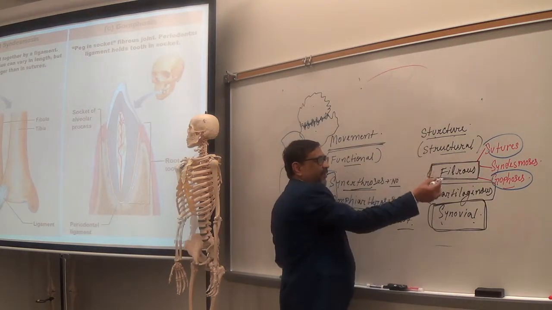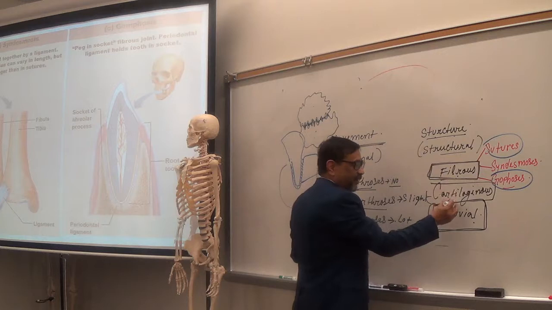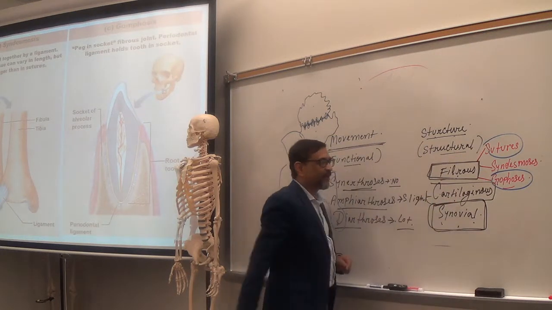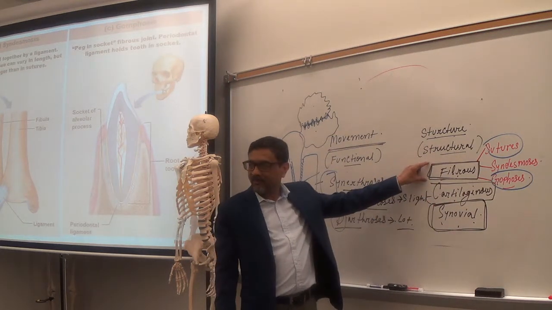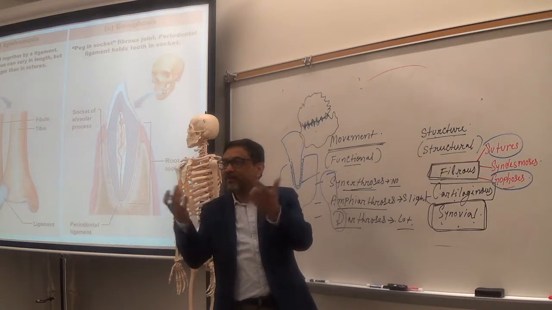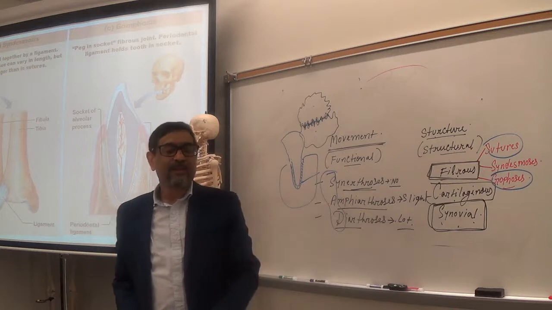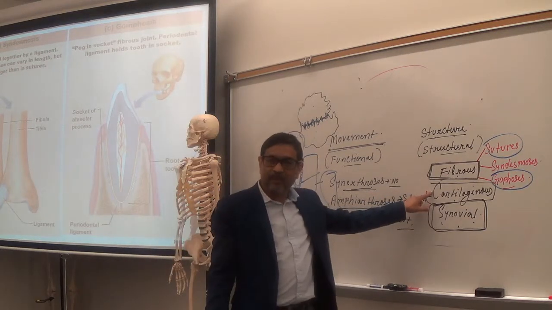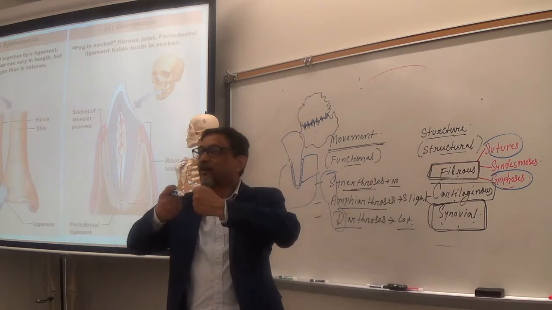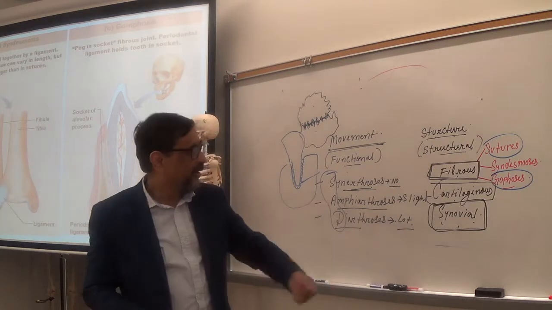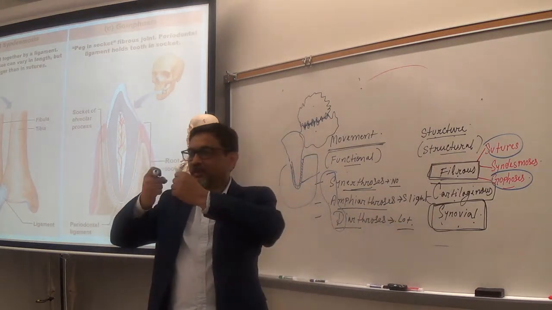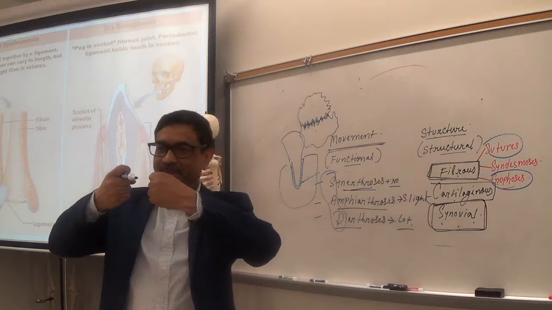Structural classification: fibrous, cartilaginous, synovial. In case of fibrous, the bones are held by fibers, fibrous structures. Make sense? In case of cartilaginous, bones are held by cartilage. In case of synovial, bones are not directly attached to each other.